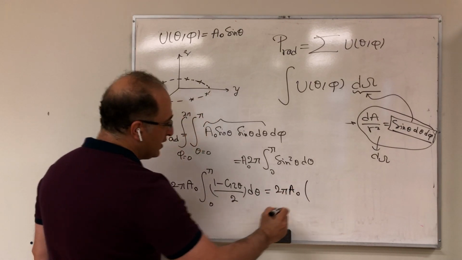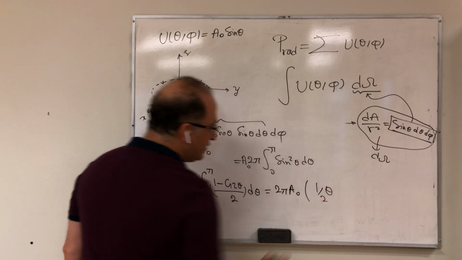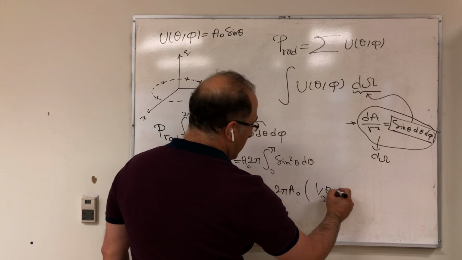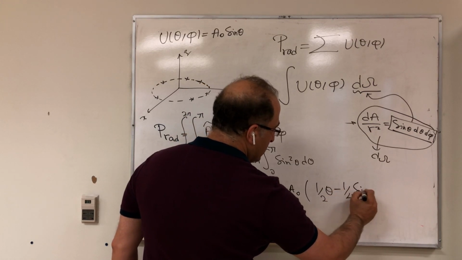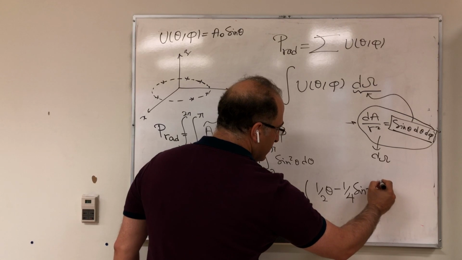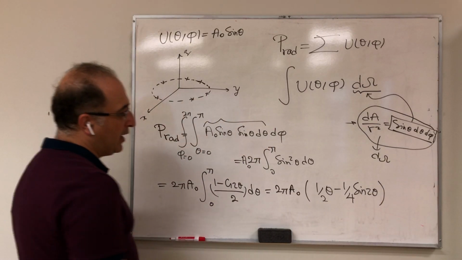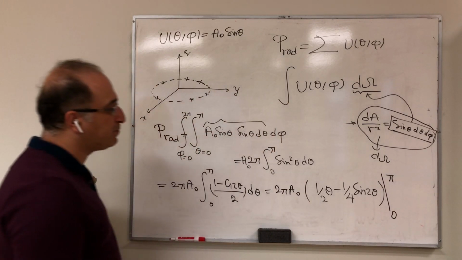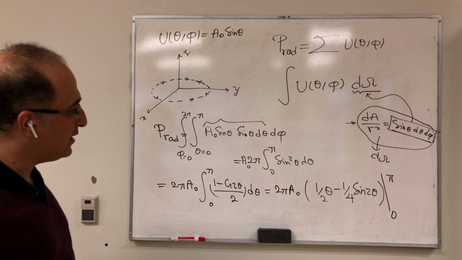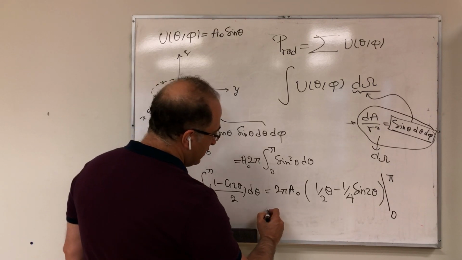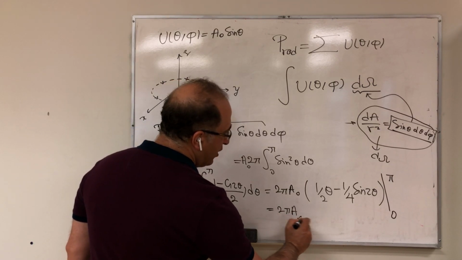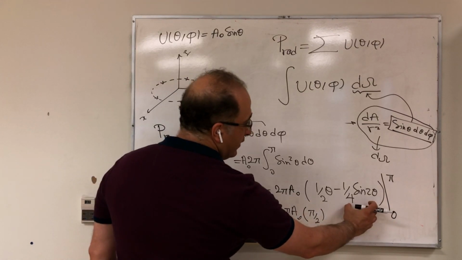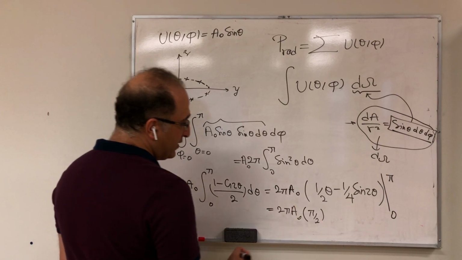That becomes half theta minus 1 divided by 4 sine 2 theta, from 0 to pi. If you calculate that, this becomes pi divided by 2, and this becomes 0. So you don't have that anymore.